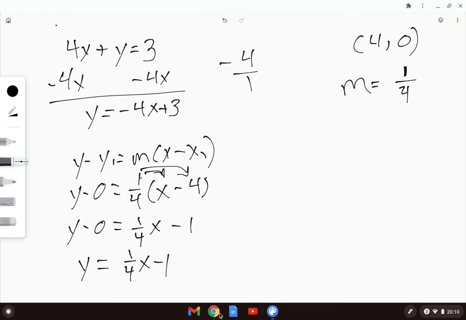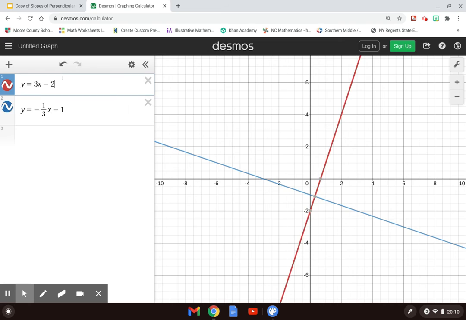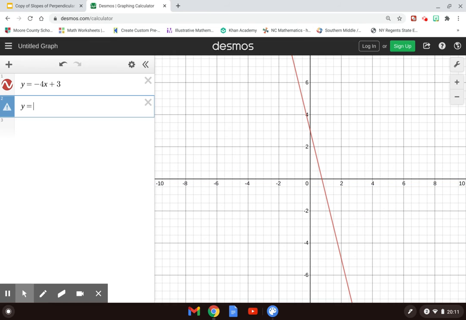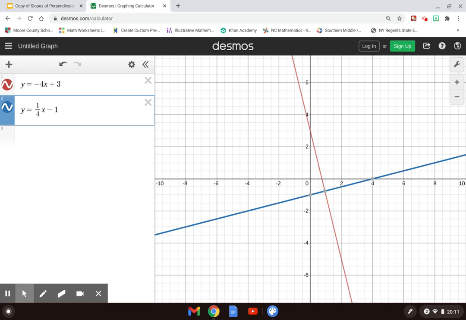All right, so let's go ahead and graph both of these lines and see what it looks like. So there they are. They're perpendicular. And we see right over here the point (4, 0).